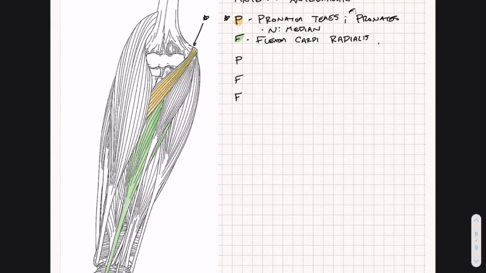Okay, the nerve here is the median nerve, and this has a couple different functions. So it's going to flex the wrist, and it also does this thing called radial deviation.